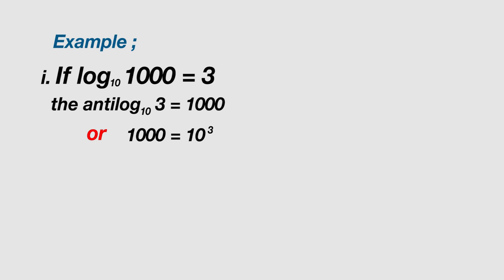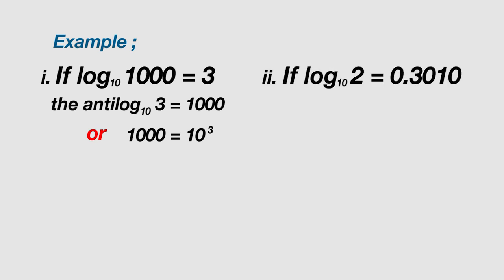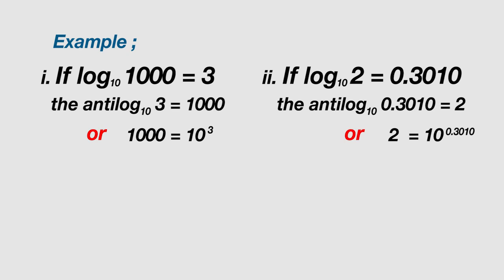Again, if log base 10 of 2 is 0.3010, then antilog base 10 of 0.3010 is equal to 2. Or we can say 2 is equal to 10 raised to the power 0.3010.